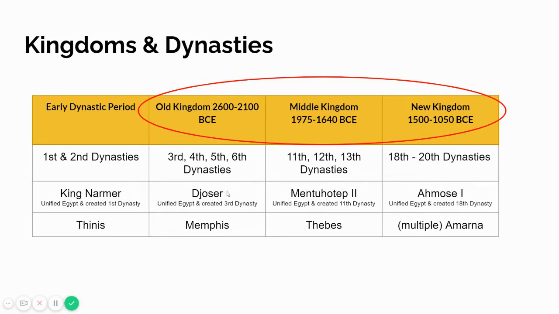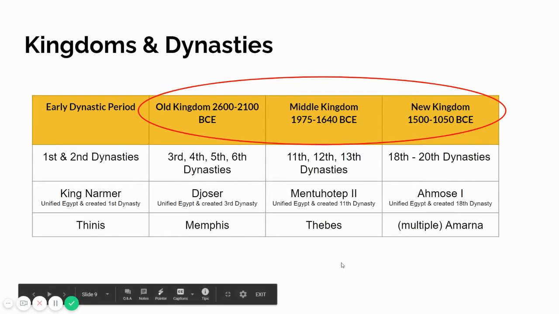Basically that is to represent all of Djoser's kinship, so all of his sons that ruled thereafter. And it wasn't until you had a kinship change that the title of the dynasty changed. So hopefully that makes a little bit of sense.